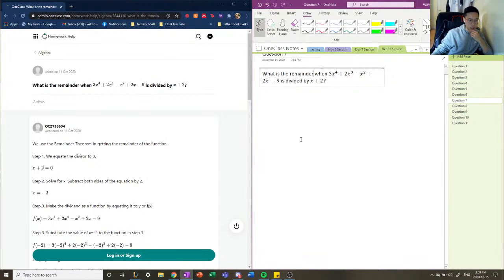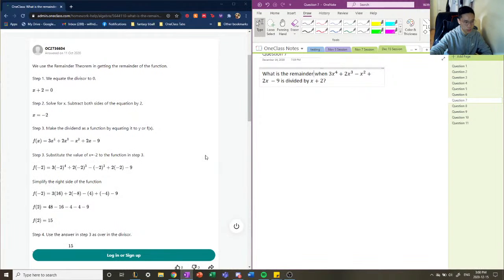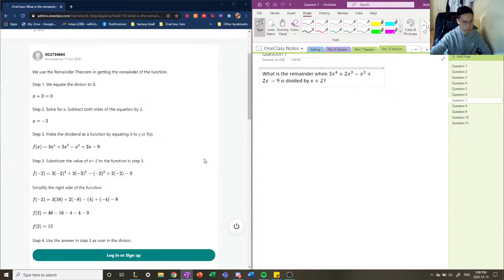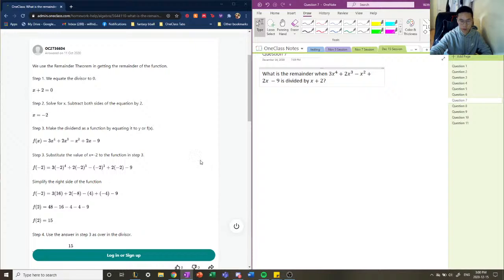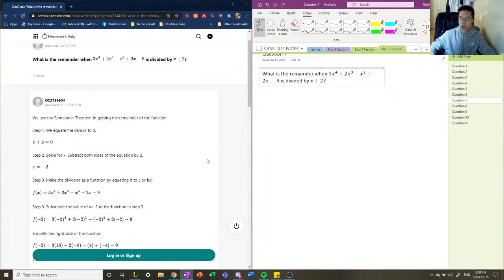Okay, so we're going to use two different methods here. We're going to use long division and synthetic division. So I'm going to go through long division first. And the junior tutor also used a different method, and I'll also cover that method too, okay? All right, so let's use long division first.